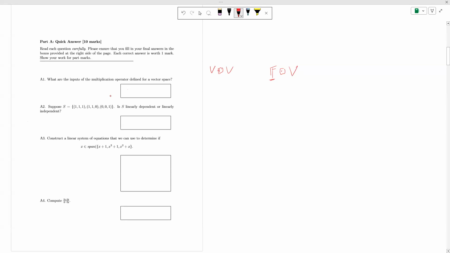So it's a scalar and a vector, but it's the scalar then a vector. So scalar then vector.